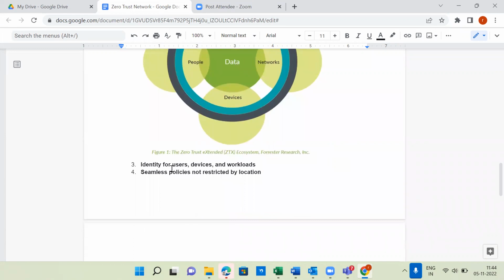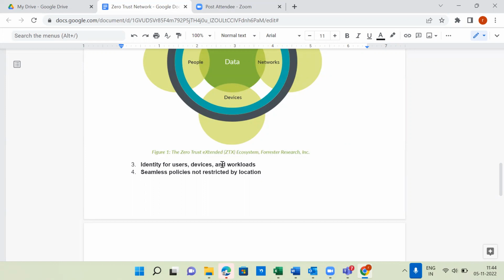Third one, identity for users, devices, and workloads. Whenever any internal employee is trying to access the data or devices or networks or applications or servers and so on, we have to identify identity. What is the authentication mechanism they are using?